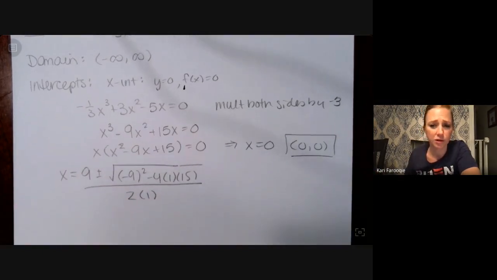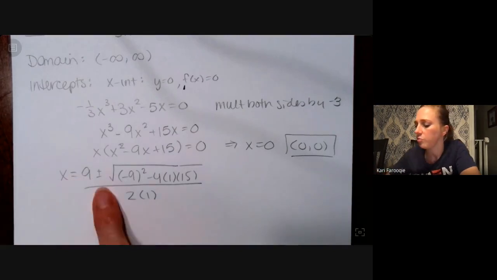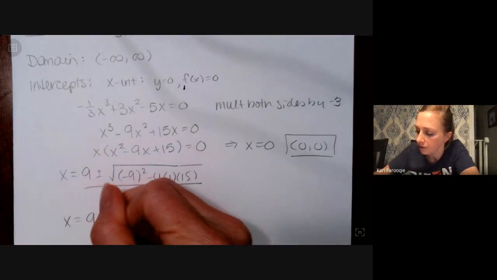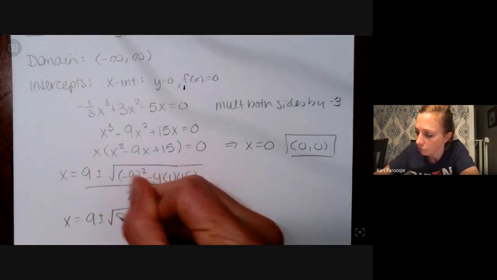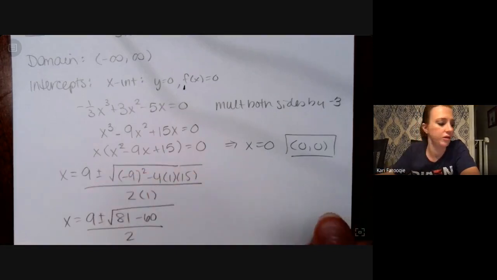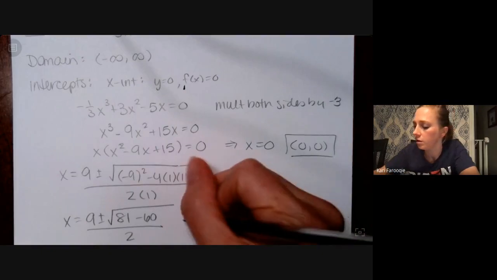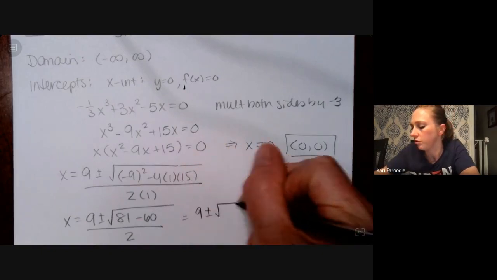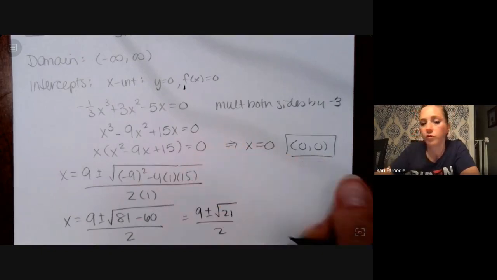I wouldn't say that would be a nightmare, but it's more work than you need to do. So -b plus or minus the square root of b squared minus 4ac, all divided by 2a. 9 plus or minus the square root of 81 minus 60 equals 9 plus or minus the square root of 21 over 2.